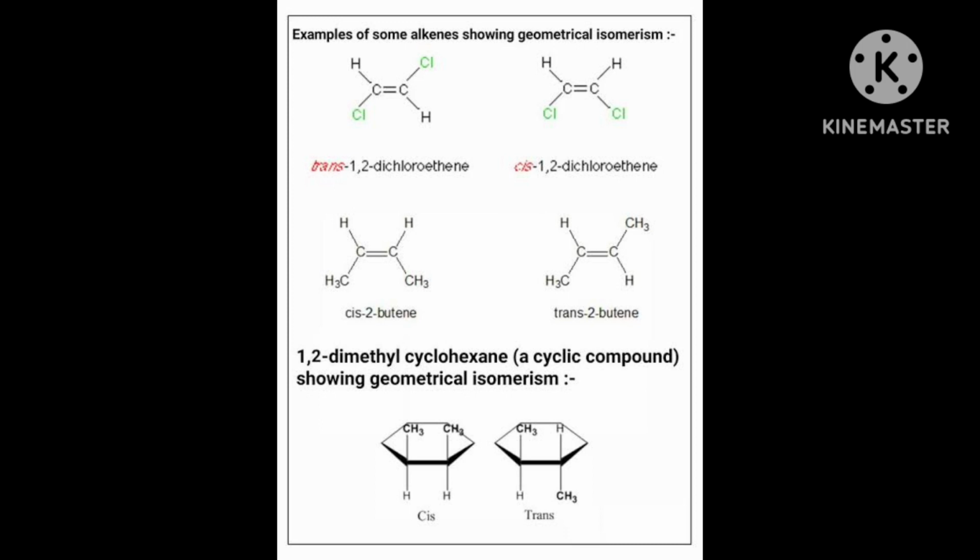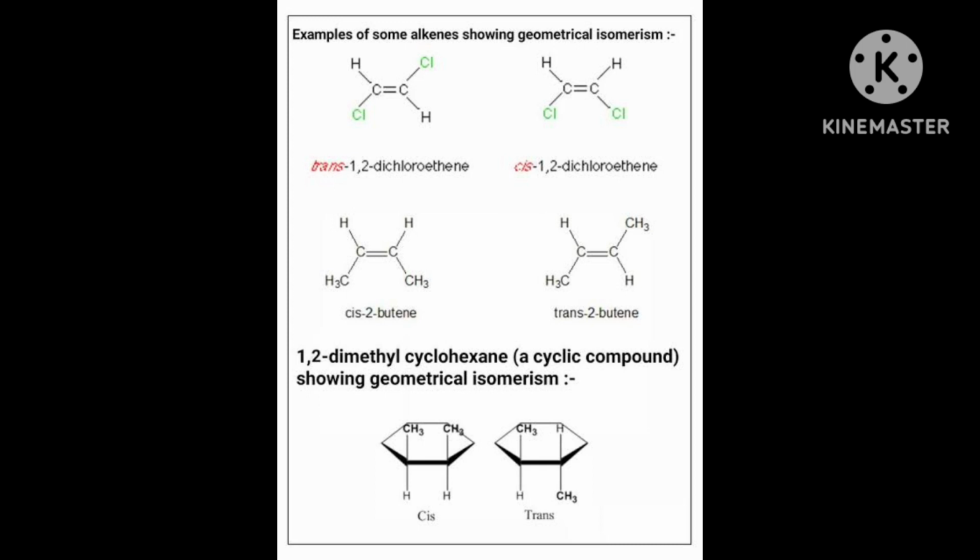But how they are arranged in space, at what angles, there they will differ. Their arrangement in position in space will change, so they differ in relative position in space.